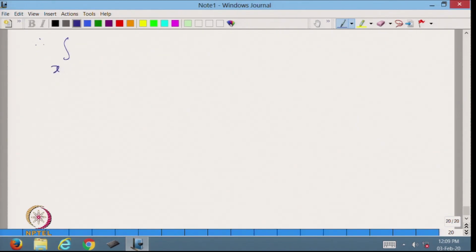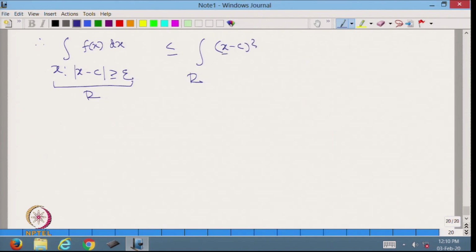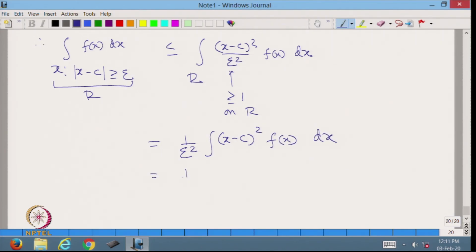Therefore, integration over x such that modulus of x minus c is greater than or equal to epsilon of f(x) dx, let us call it R, is less than or equal to integration over R of (x minus c) whole square upon epsilon square f(x) dx, because this quantity is greater than or equal to 1 on R, which is equal to 1 upon epsilon square integration of (x minus c) whole square f(x) dx, which is equal to 1 upon epsilon square expectation of (x minus c) whole square.